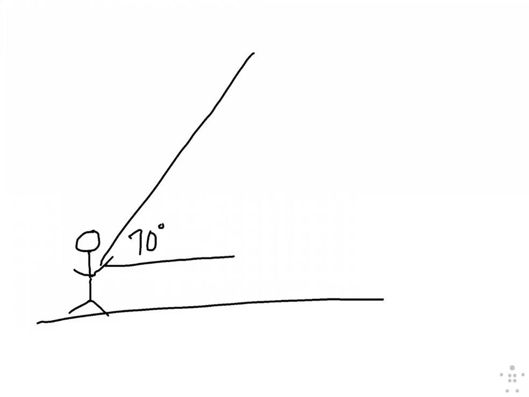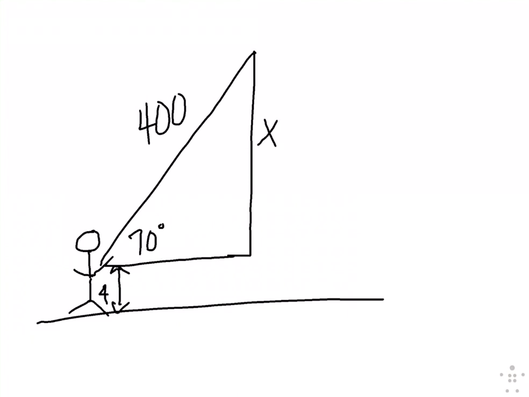You have let out a total of 400 feet of string, and you're 4 feet above the ground. Part A says find the height of the kite. So out of sine, cosine, or tangent, which one are you going to use? Why are you going to use sine? Because you have opposite and hypotenuse.